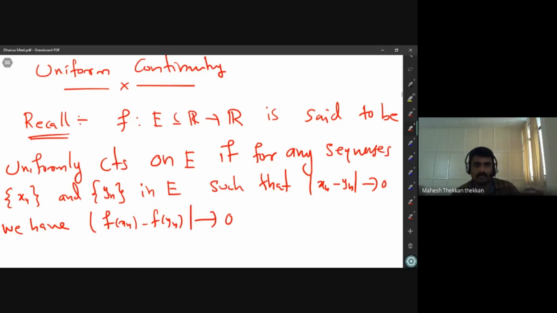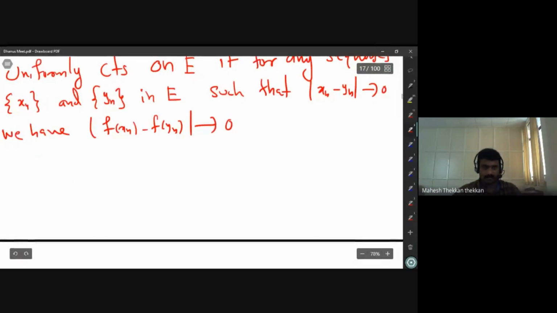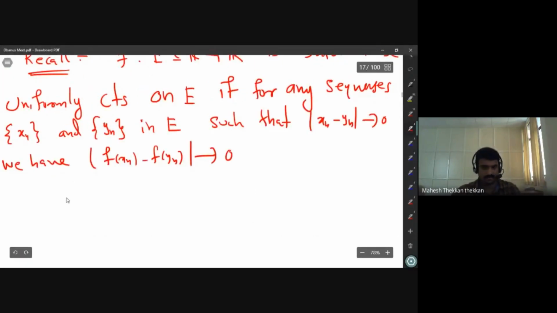Whatever sequences you take, if their difference goes to 0, then f of x_n minus f of y_n also has to go to 0. So let's see one example of a uniformly continuous function for the single variable case first.